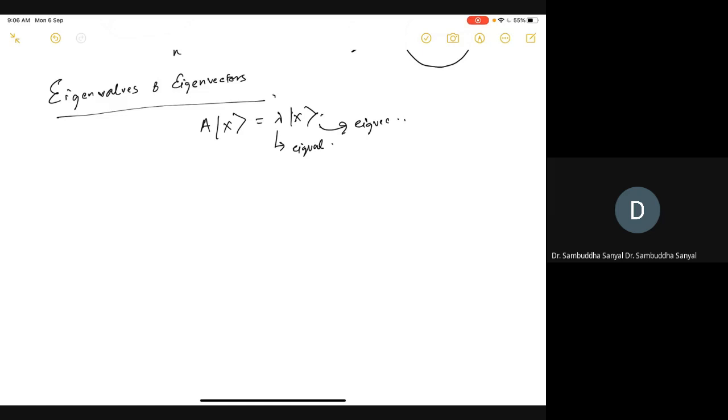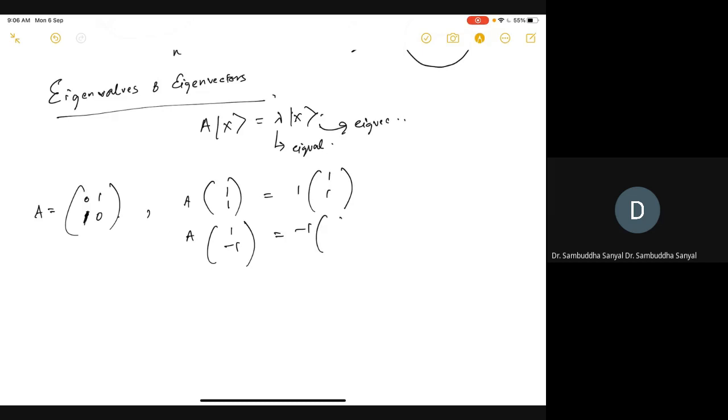Very simple examples you can just play with are trivial ones, like one of the Pauli matrices in a two-dimensional complex vector space. This is the matrix, this is your A, and it has these eigenvectors: one eigenvector is (1, 1), which means A acting on (1, 1) gives eigenvalue 1, and then there is another, (1, -1), with eigenvalue -1.